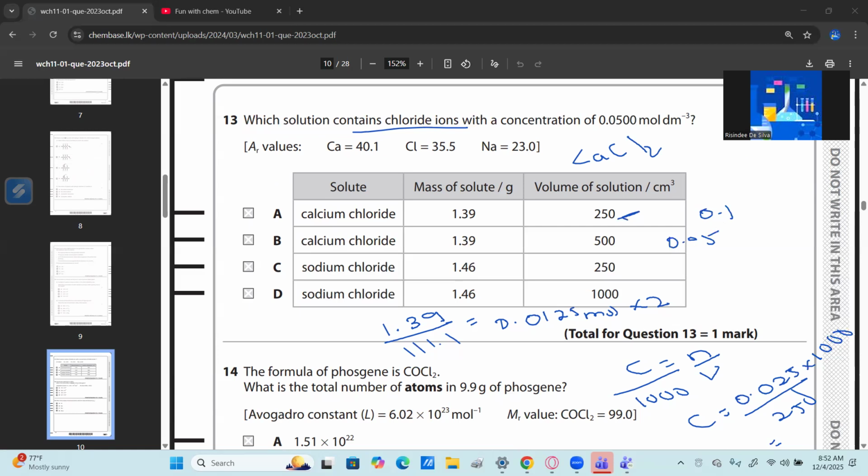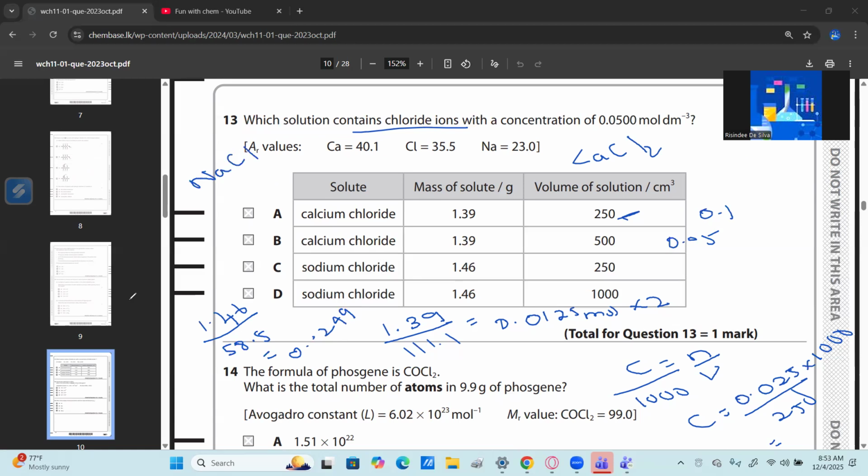Then sodium chloride is a different one. So we have to find the molar mass of sodium chloride. 1.46 divided by 23 and 35.5, which is 58.5. Then the moles will be 0.0249. In sodium chloride, it has only 1 chloride ion.